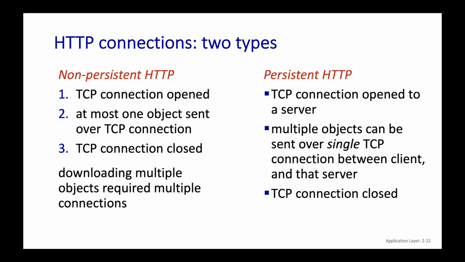यहाँ पे for the first object, there is no way out. You have to establish that TCP connection, send the HTTP request, get the response. After two round trip times, you will start getting the data. After the first object is completely received, in the case of persistent HTTP you don't need to establish the TCP connection because it's already there.